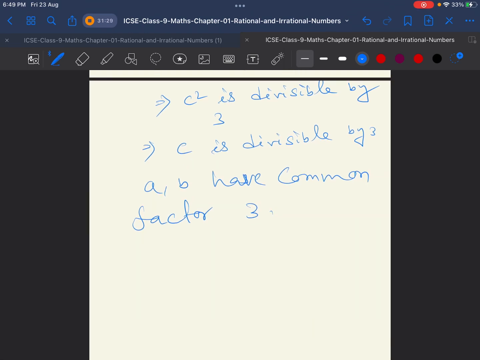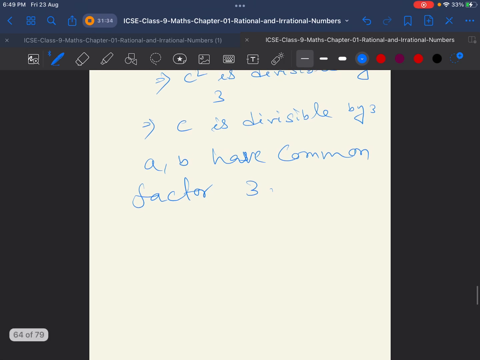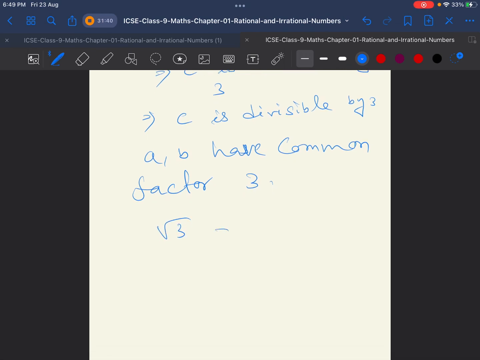Okay, we know for a rational number there is no common factor, but here you see a and b have common factor 3. So root 3 equals a by 2b. Then a and b have common factor 3, so this contradicts our assumption, so a by 2b is not a rational number.